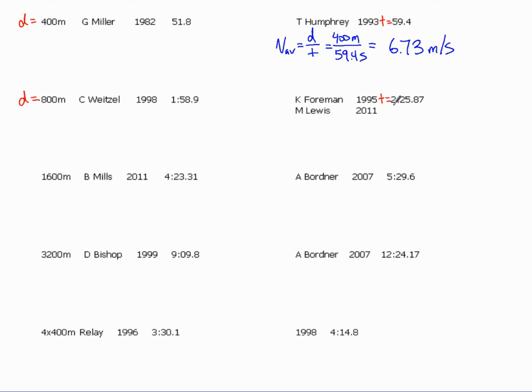So 2 minutes, there's 120 seconds, plus 25 more, 145.87 seconds. If you do not convert to seconds, your answer is going to look very strange.